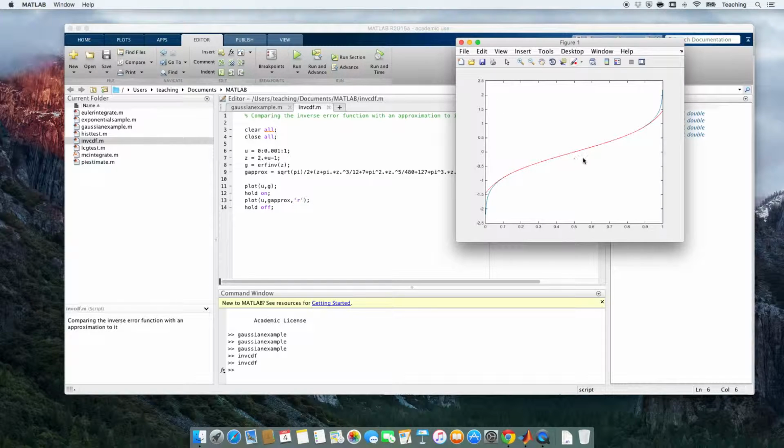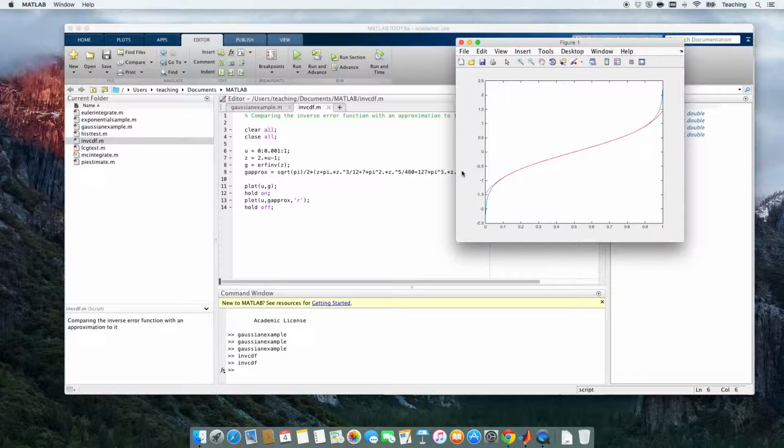So you can see that in the central region I'm generating samples more or less correctly if I use the approximation, which is the red curve, because that curve is a reasonable approximation to the correct curve, which is the blue curve, over about 1.5 sigma or so. But you can see if I were to generate samples out in the wings here, near 0 and near 1, my approximation is yielding samples which aren't extending out into the wings of that distribution enough. Again, they're limited to around about 1.4 sigma or so.